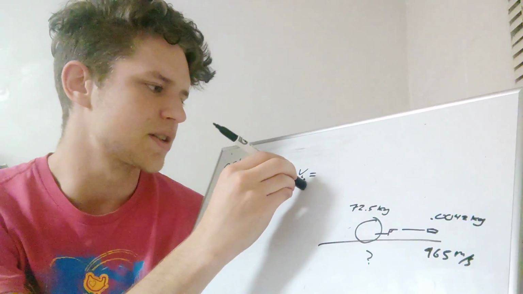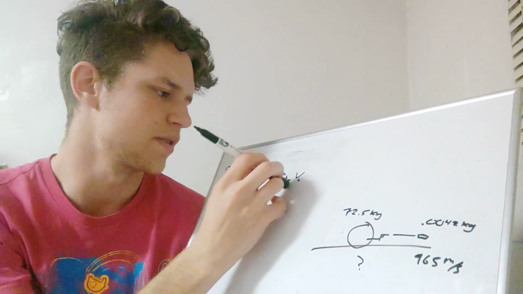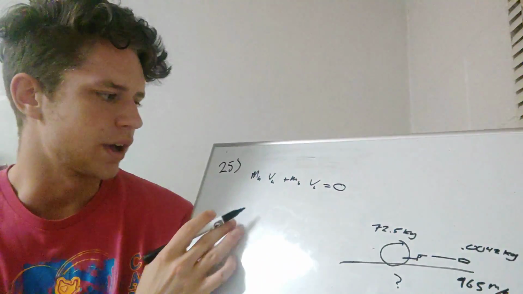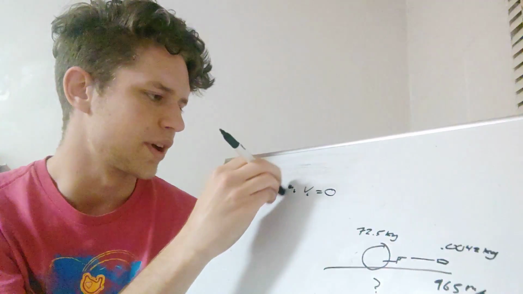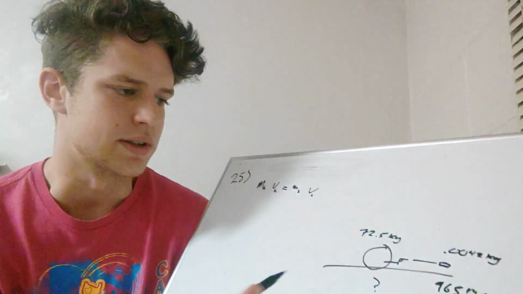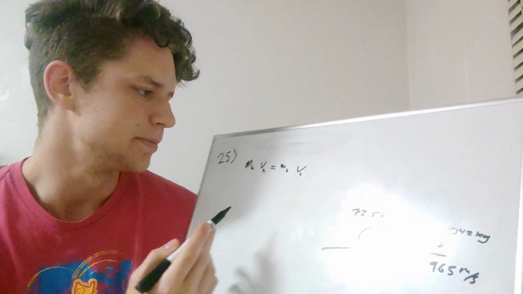So since this is all zero, I'm just going to go ahead and remove this and get rid of the initials. So this is all going to be equal to 0. And then we can go ahead and move over the hunter to the other side, which will make it negative, but that makes sense because you're shooting this way, so he's going to get pushed this way.